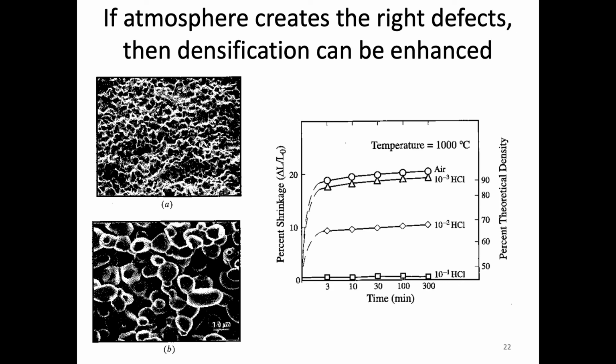And the way that this can happen is the atmosphere can create the right defects. And what I mean by that is we've talked a lot about mass transport mechanisms. If you think way back to a simple metallic system, if we wanted an atom to move, we had to have a vacancy for that atom to move into.